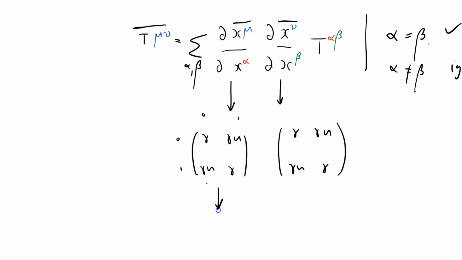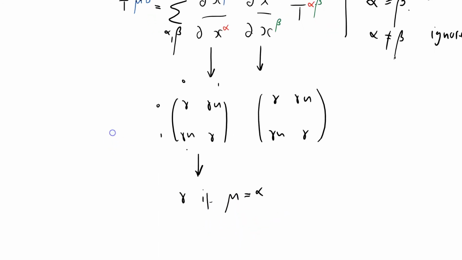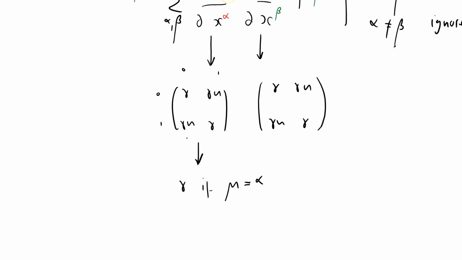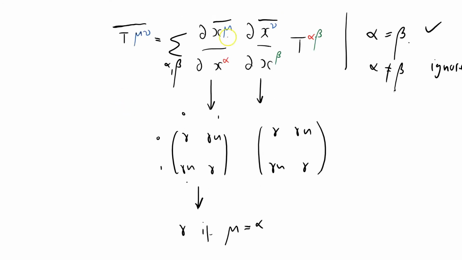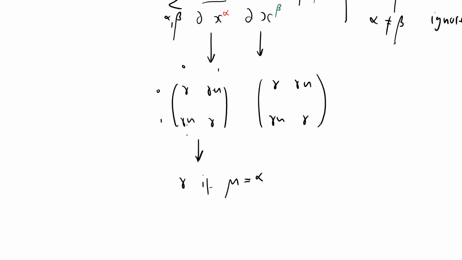Let me just note what this term actually means. That's gamma if mu equals alpha. If mu equals alpha, we're on the diagonal, whatever it is, whether it's 0 or 1, we come out with a gamma. If we're on the off diagonal elements, that means that mu is not equal to alpha, and it's gamma u if mu is not equal to alpha.